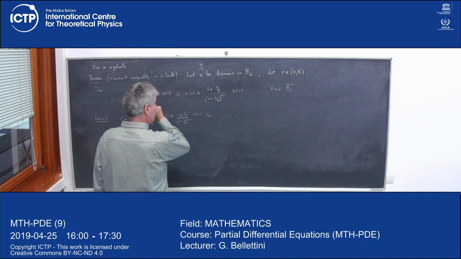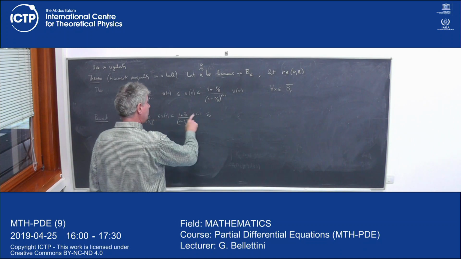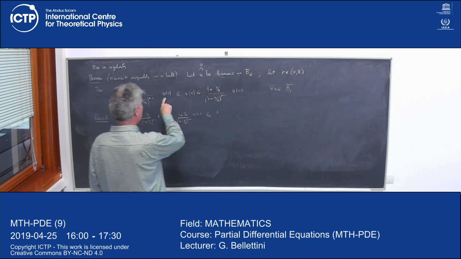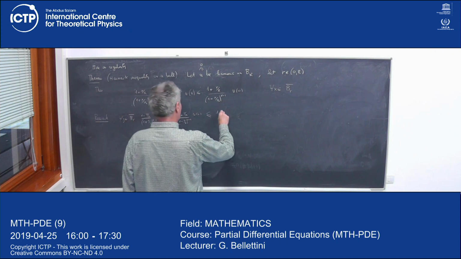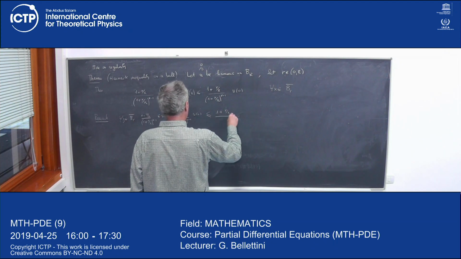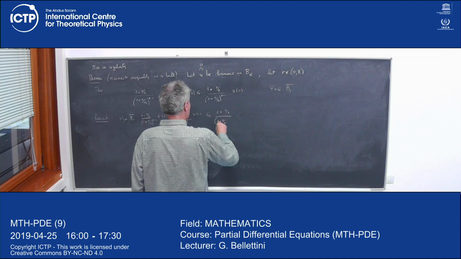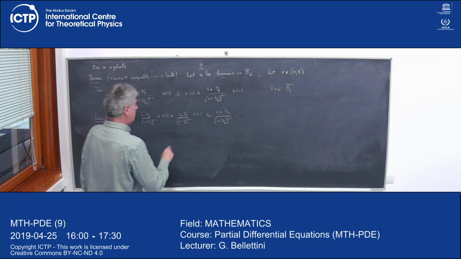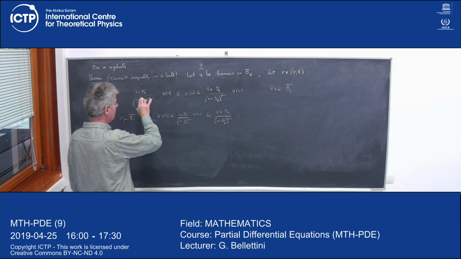Then you can estimate u(0) from the left, so (1 plus r over R) divided by (1 minus r over R) to the n minus 1, and then u(0) is less than this multiplied by this.